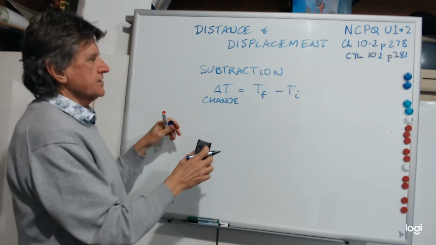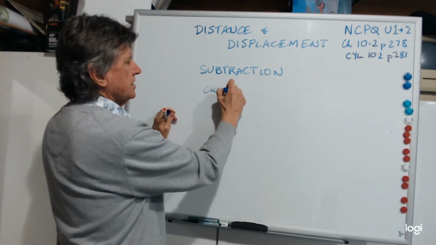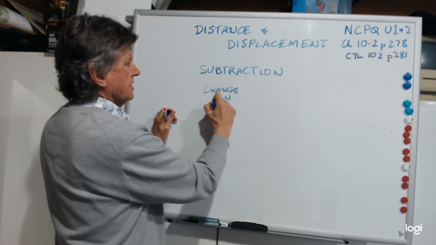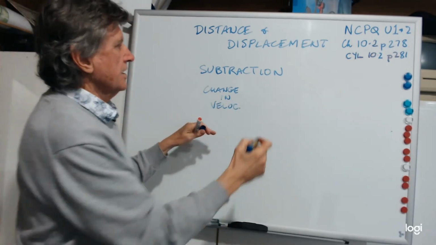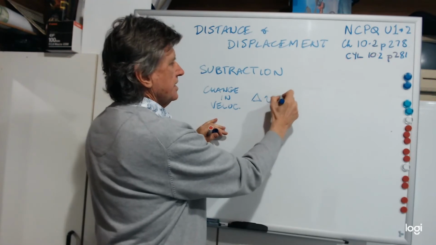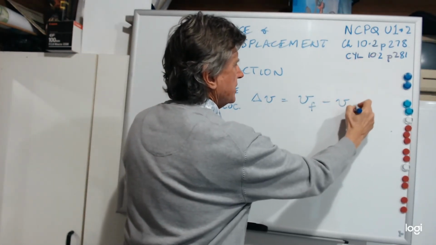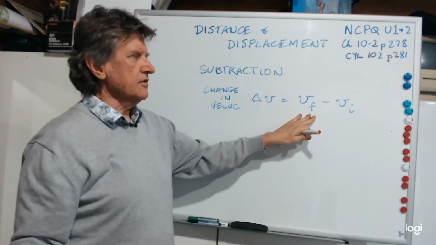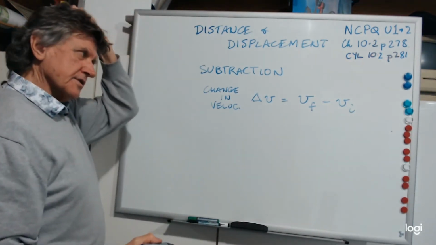So say for instance I said, what's the change in velocity of an object, say a ball? You'd say delta V equals V final minus V initial. Remember, it's always final first minus initial. Okay, let's say for instance we had one.